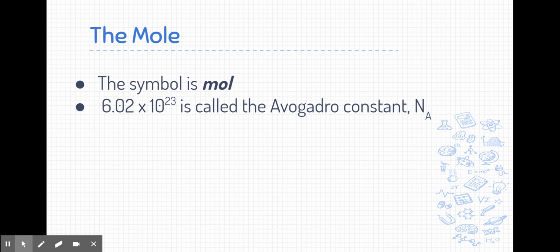What that means is when we use the term mole, it's always referring to this specific number of things, whether we're talking about grains of sand, atoms, molecules, stars, whatever you want to be talking about. If you talk about a mole of something, that is referring to 6.02 times 10 to the 23 things.